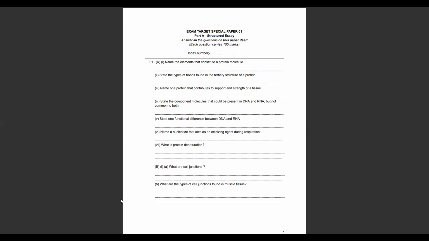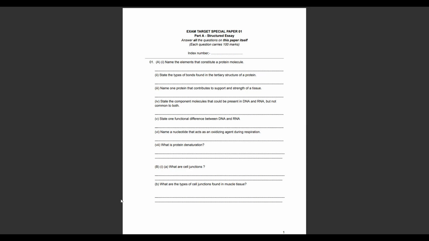Roman number 7, what is protein denaturation? Protein denaturation means the loss of specific 3-dimensional shape due to alteration of weak chemical bonds and interactions. Here, this answer will get 2 marks, right? 2 marks are allocated for this answer.